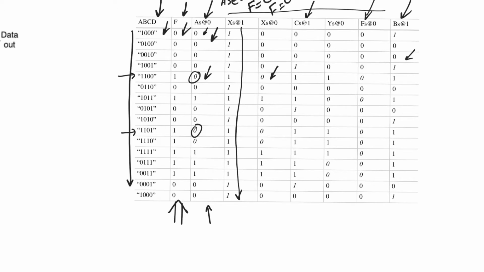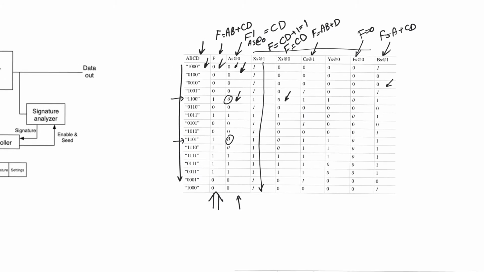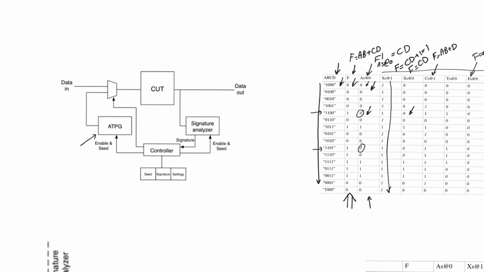Now, the other part of built-in self-tests is what is marked as signature analyzer in this block diagram. A signature analyzer is just one way in which you can examine the outputs of the circuit in order to determine if it's working properly or not.